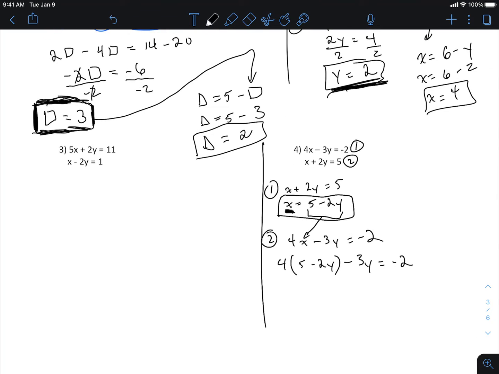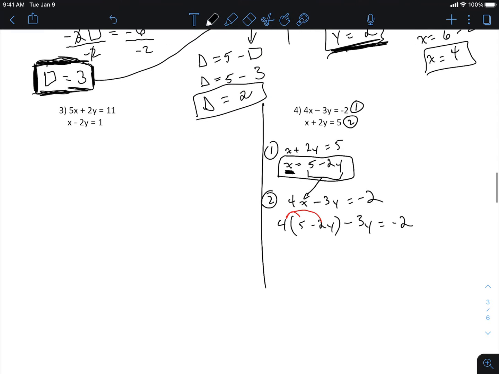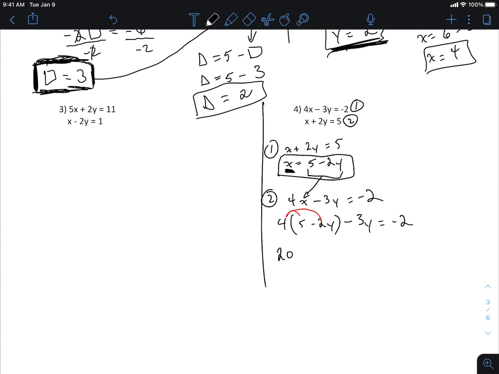Then I'm just going to expand, so we'll get rid of the brackets. It's going to be 20 minus 8y minus 3y has to equal negative 2.